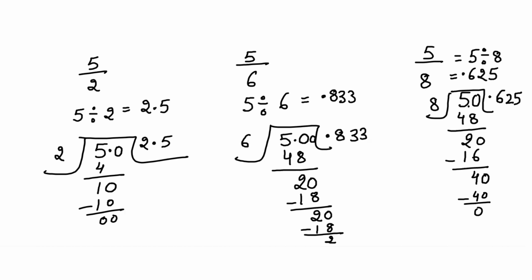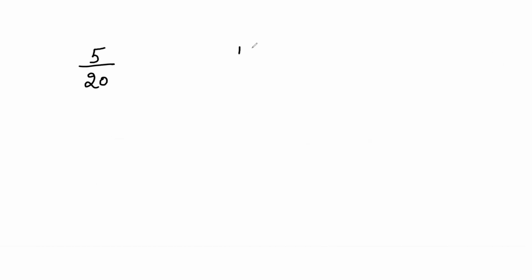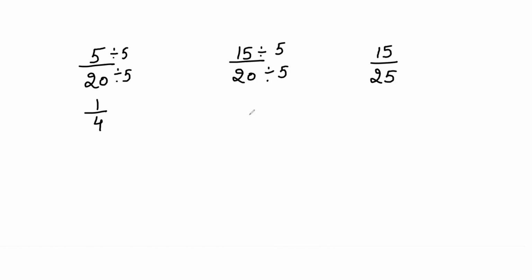Similarly, we have other questions: 5 by 20, 15 by 20, 15 by 25. In such questions you can see that we can simplify the fraction. Simplifying the first with 5, I'll get 1 over 4. Simplifying the second with 5, I'll get 3 by 4.